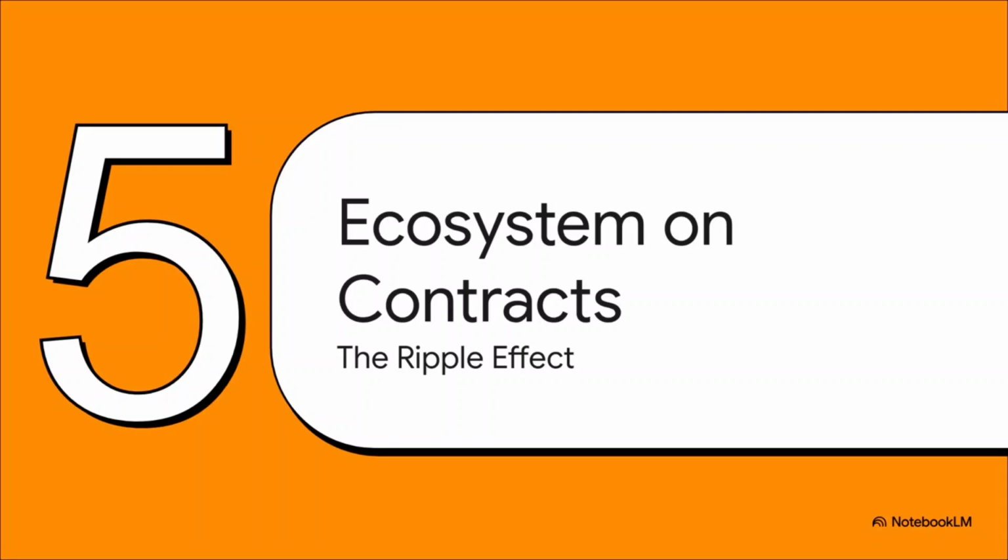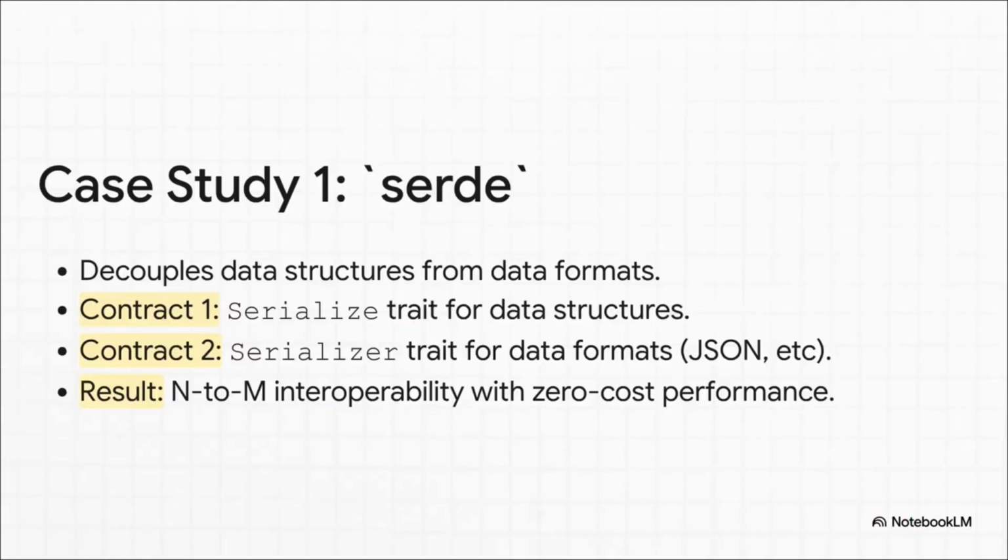And this idea, this power, it doesn't just stop with your own code. This whole philosophy of contracts and explicit choices, it's like the DNA of the entire Rust ecosystem. It's what allows thousands of libraries to all play nicely together. Let's look at a perfect example, serde. It's Rust's legendary serialization library, and it is just a masterclass in this contract-based design. It defines two key contracts, a Serialize trait that your data agrees to, and a Serializer trait for the format, like JSON or whatever.